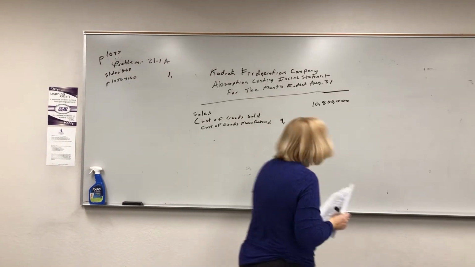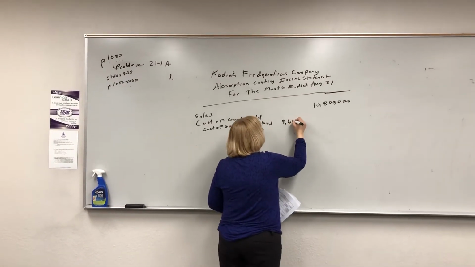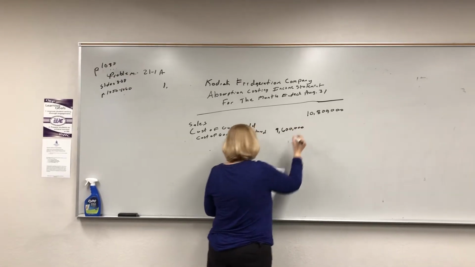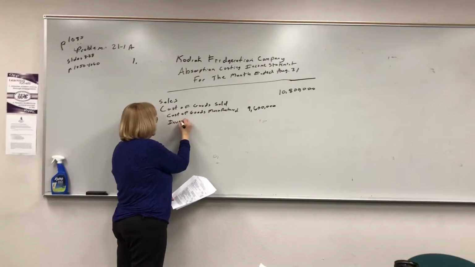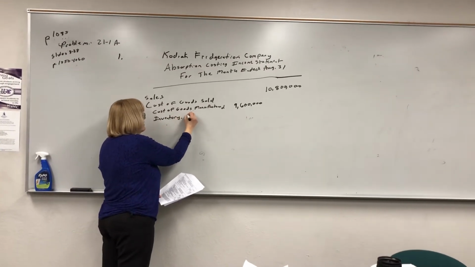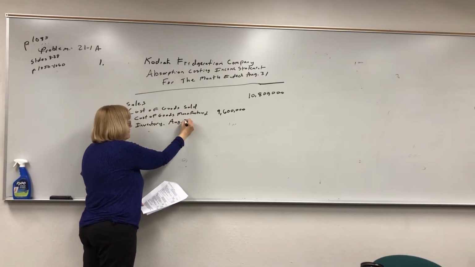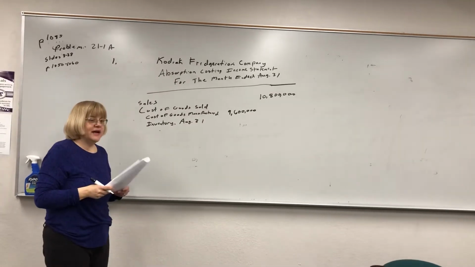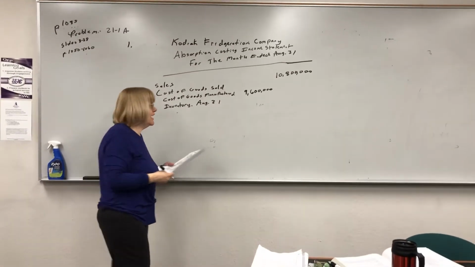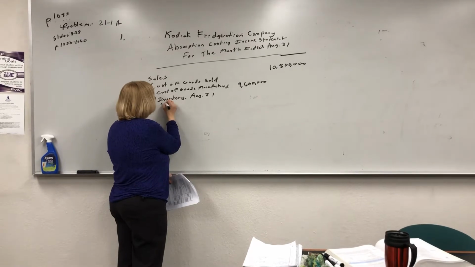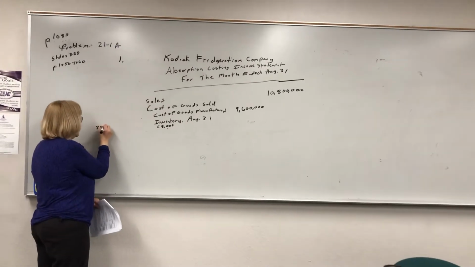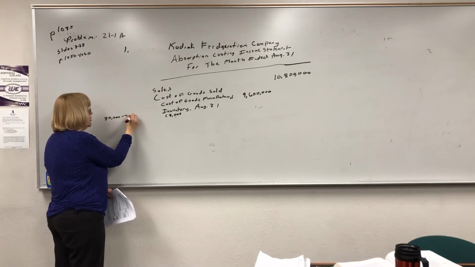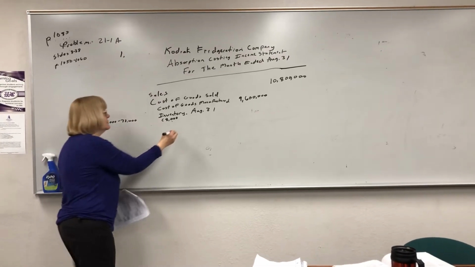So we take the 9.6 million it gives us. Then we have to subtract out our ending inventory to get our cost of goods sold. So we need our inventory on August 31st, and we know we have 8,000 units in inventory. Remember, we manufactured 80,000 and sold 72,000. That's where the 8,000 comes from.